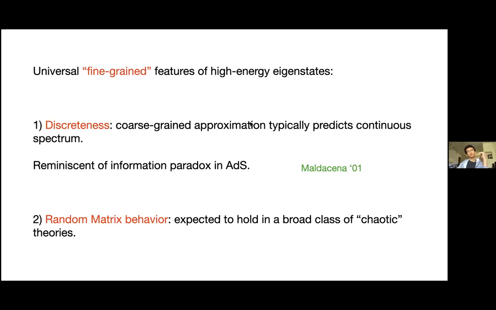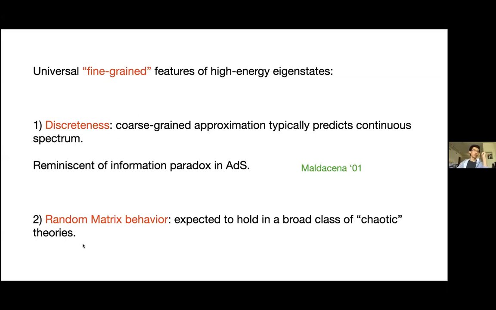Often in this approximation, you naively get a continuous spectrum of high energy states, and this is reminiscent of a version of the information paradox in AdS. Another important example is that in many chaotic theories, we actually expect the high energy states to obey random matrix statistics, and this is certainly not captured in the coarse-grained approximation.